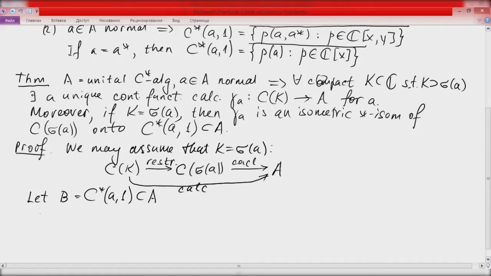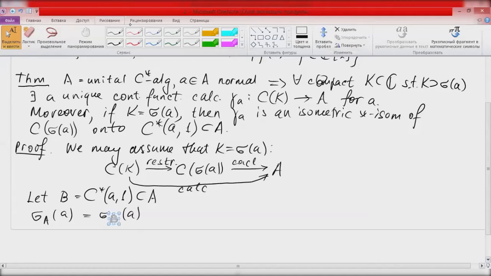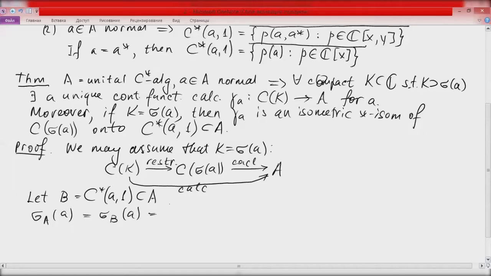So by the spectral invariance, the spectrum of little a calculated with respect to A is the same as the spectrum of little a calculated with respect to B. So we denote this simply by sigma of a.